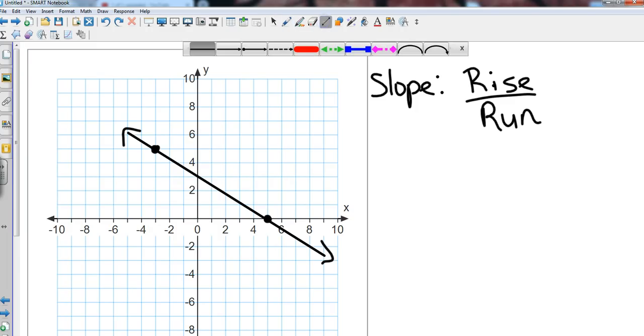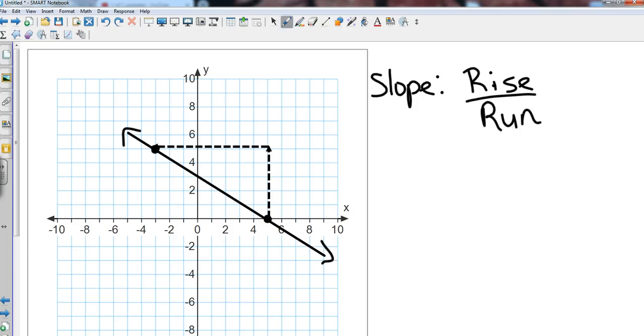But what I'm going to do is I'm going to do my rise first. I'm rising, and then I'm running over to this one. So in this case, from my first coordinate to my second, I rose, pardon me, I rose 5 spaces. And in upwards direction, that's a positive 5.